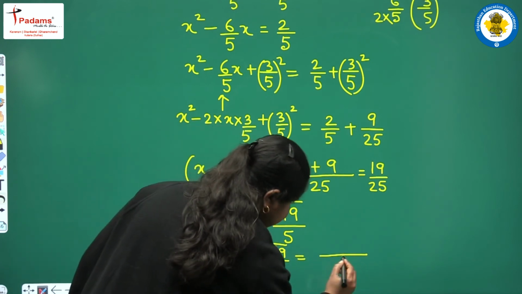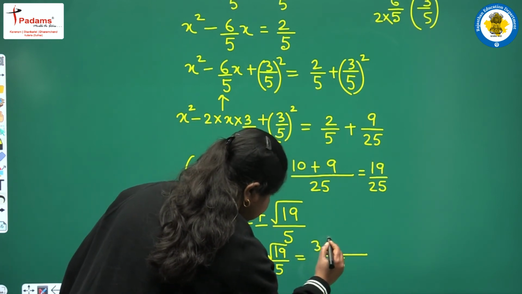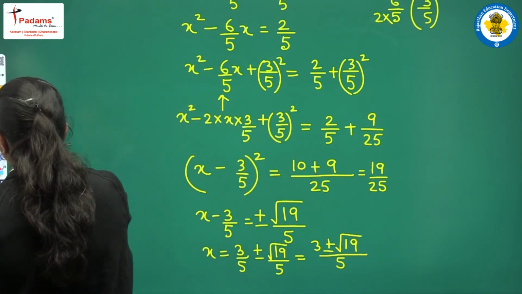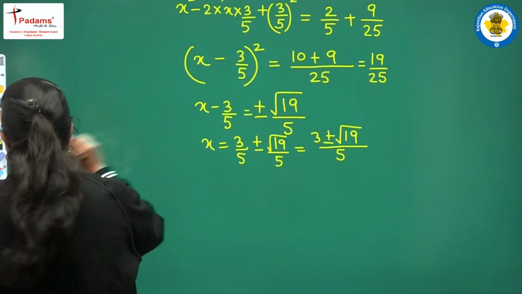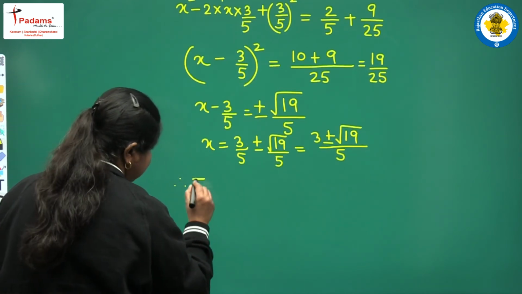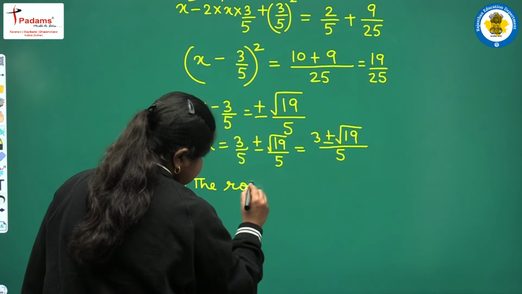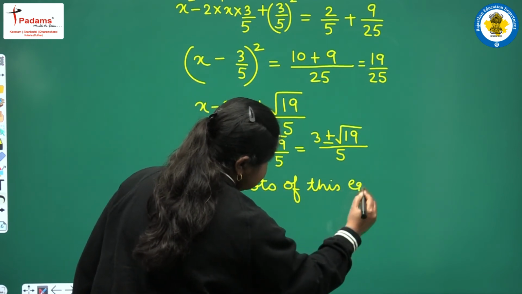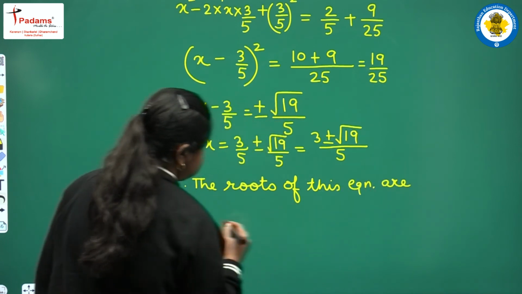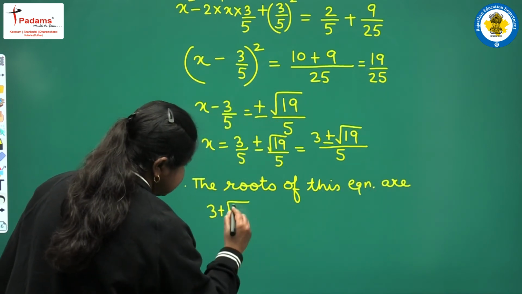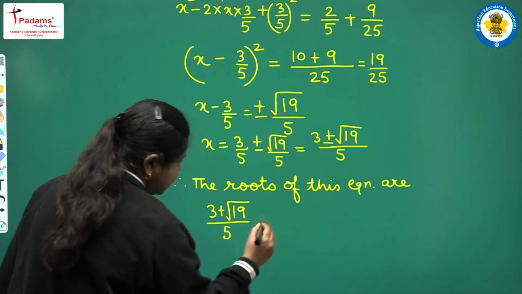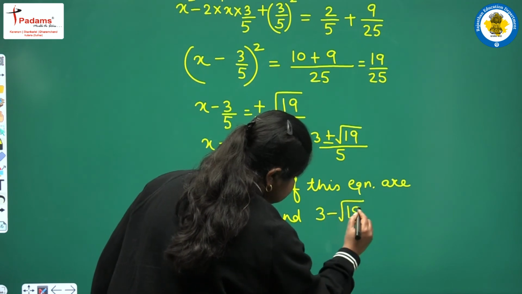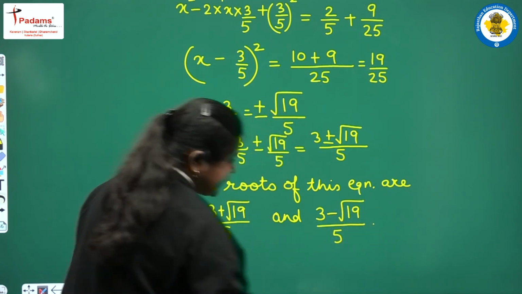If we take the LCM as 5, this will be 3 plus minus root 19 upon 5, and these are the roots of this quadratic equation. So we can write, therefore the roots of this equation are 3 plus root 19 upon 5, ये हो गया पहला root, and 3 minus root 19 upon 5. This is the second one.